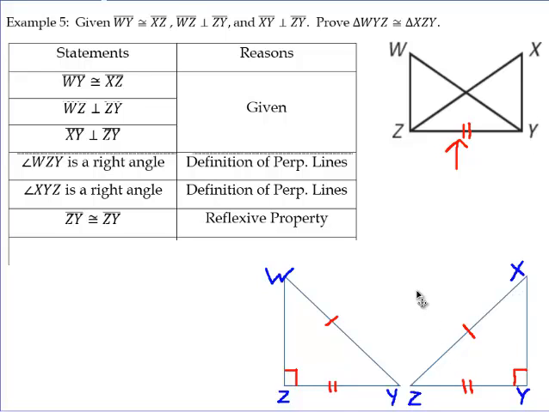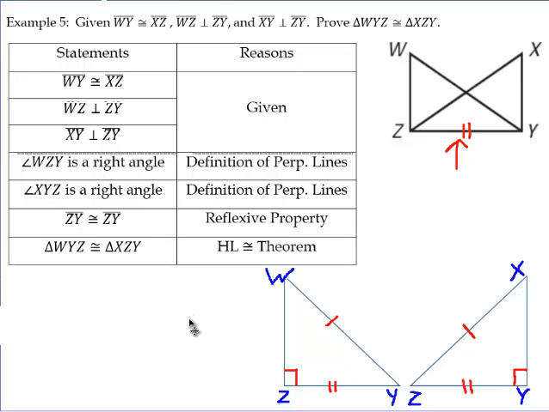And remember, this only works whenever we're dealing with right triangles. So since that qualification is met, here we go. Triangle WYZ is congruent to triangle XZY, and that is by the hypotenuse leg congruence theorem.